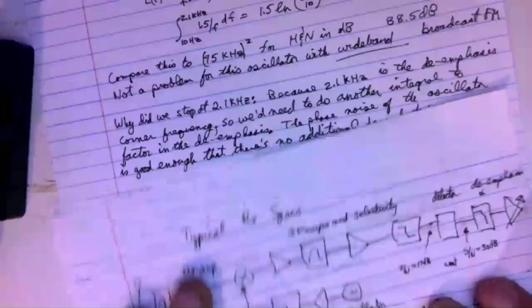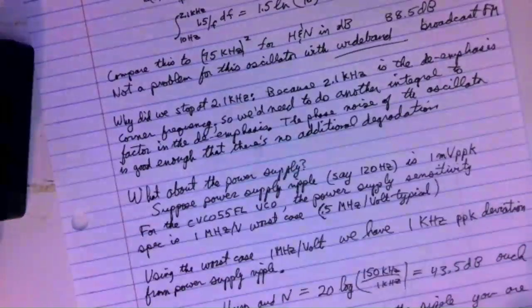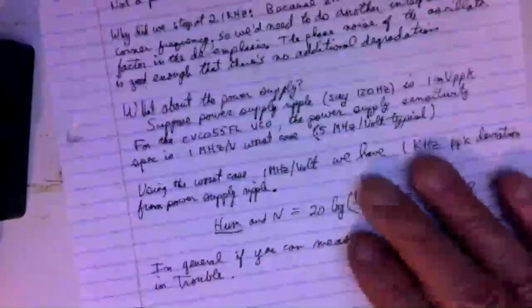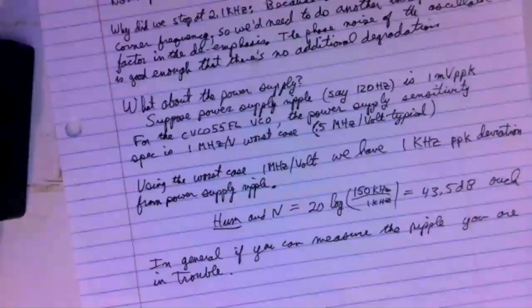Now we spent a little more time on this one than probably we will on most any of the specs, because you had to do an integral, and I just wanted to give you a flavor for how important that oscillator is.